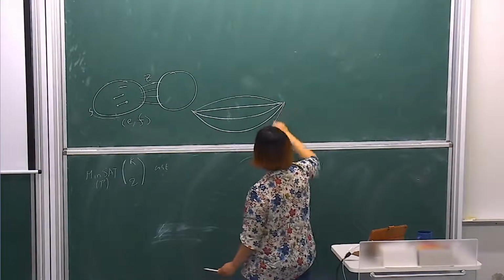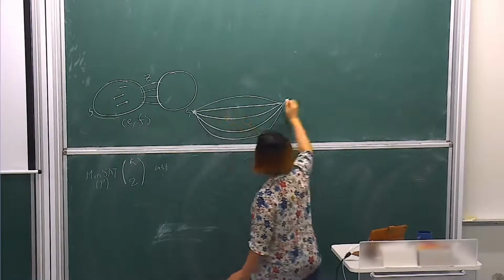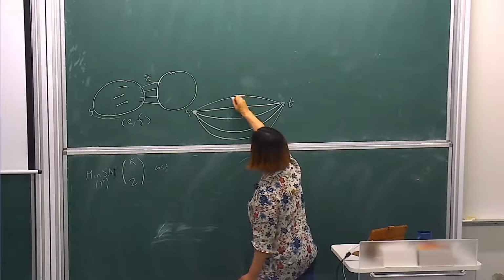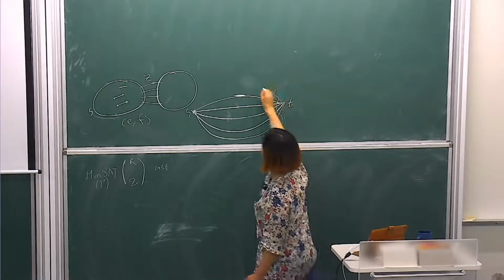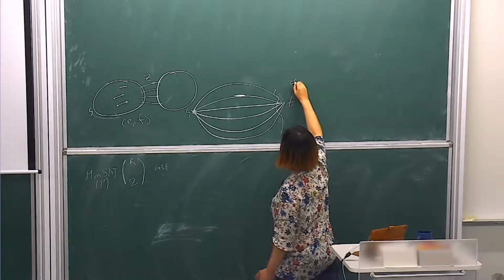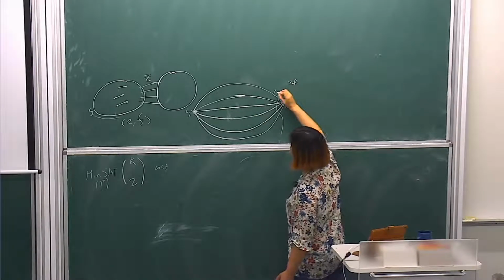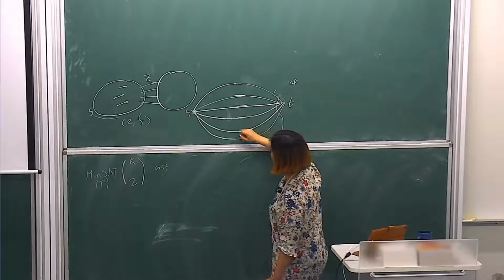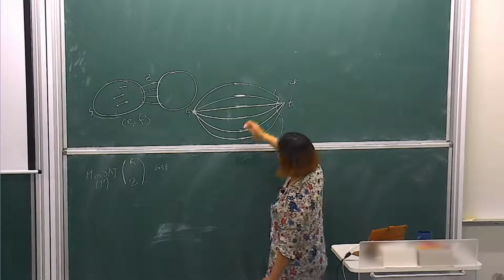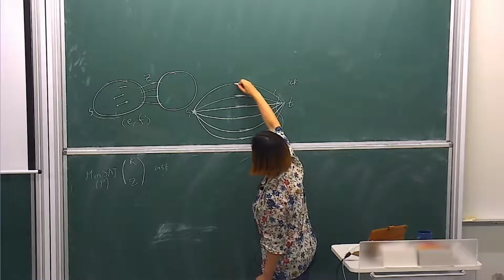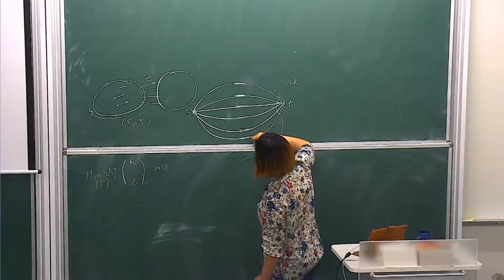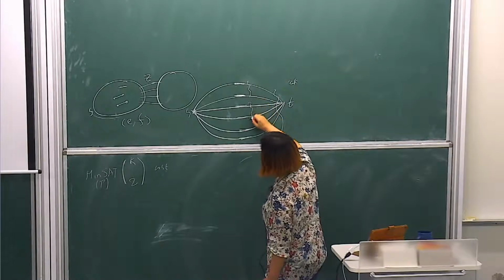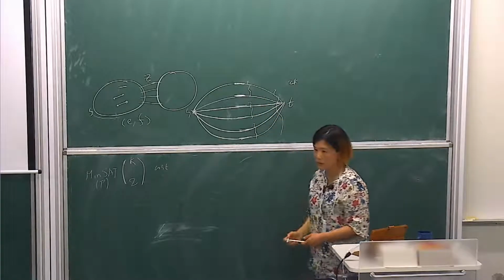So let's put it this way. S, T. So we have to cut these 2k edge-disjoint paths using 2k edges, where all the 2k edges are partitioned into pairs. So maybe you use the cut like this, and these two things are paired, these two things are paired, and these two things are paired.